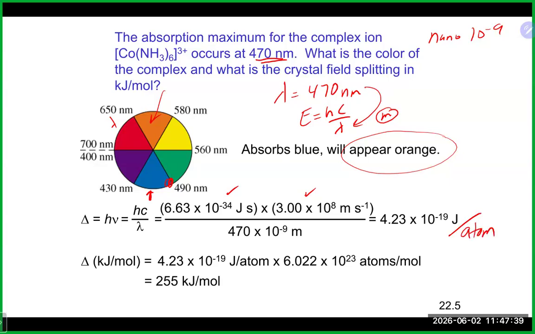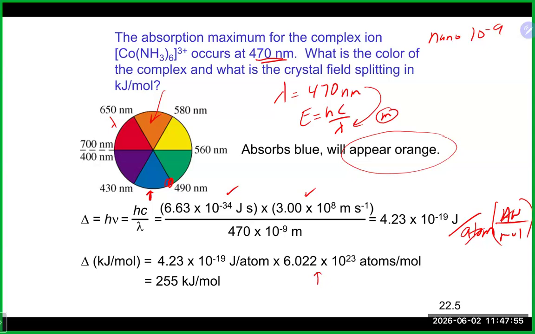If we wanted it per mole, we would incorporate Avogadro's number to convert atoms to moles. We multiply by Avogadro's number up on top, and our atoms would cancel in that case.